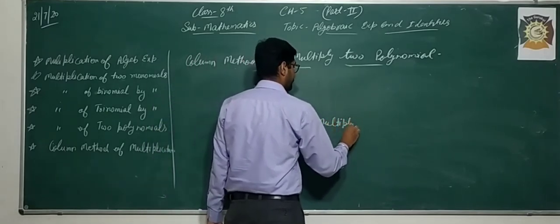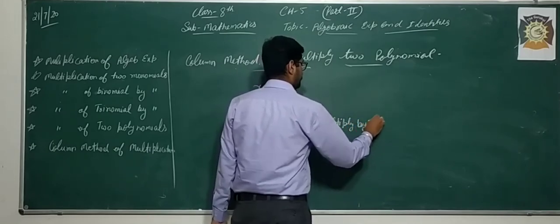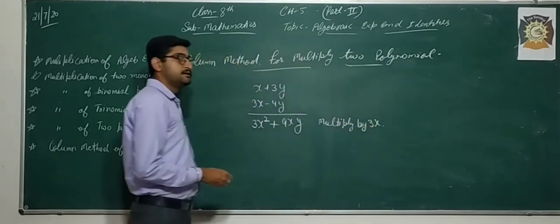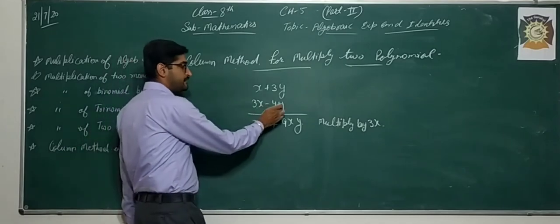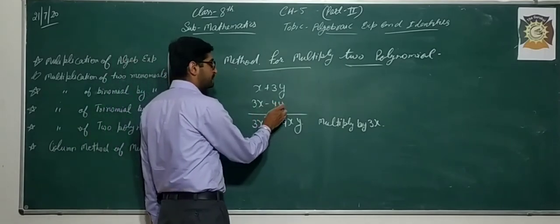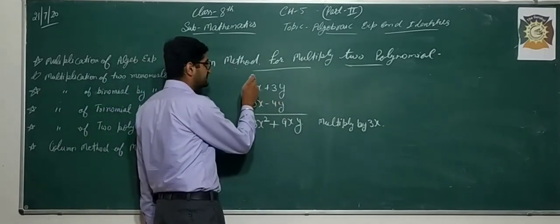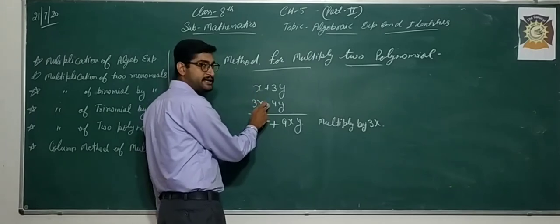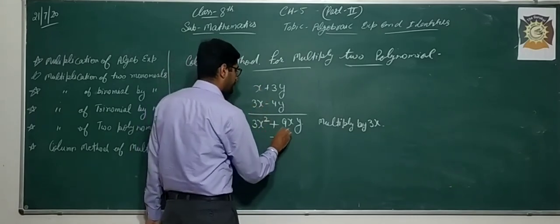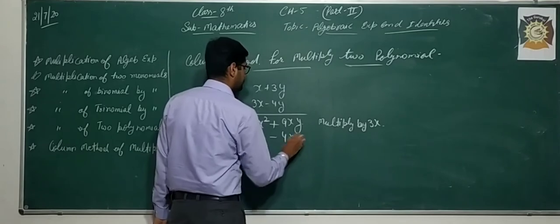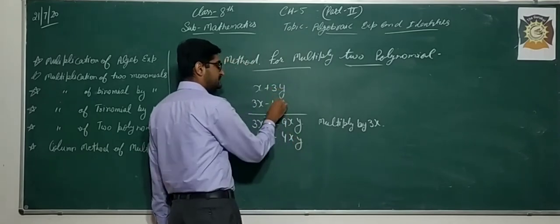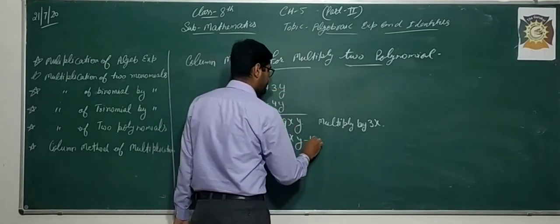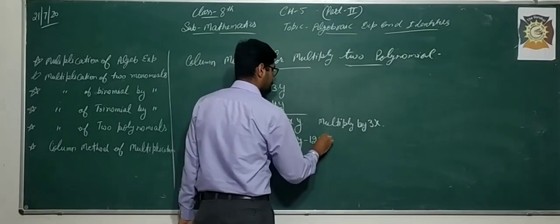This is basically multiply by 3x. Now we will multiply by 4y. When we multiply 4y with x, but here you can see this is of plus sign and this is of minus sign, this will be minus 4xy, and when we multiply these two values, this will be minus 12y square.